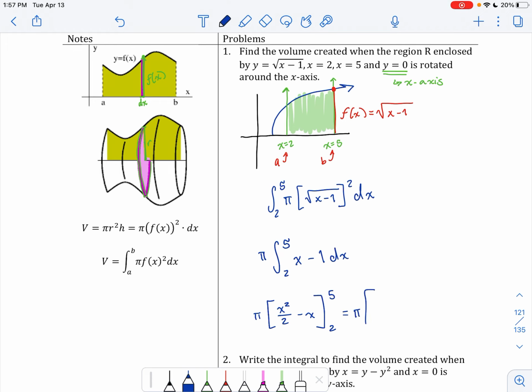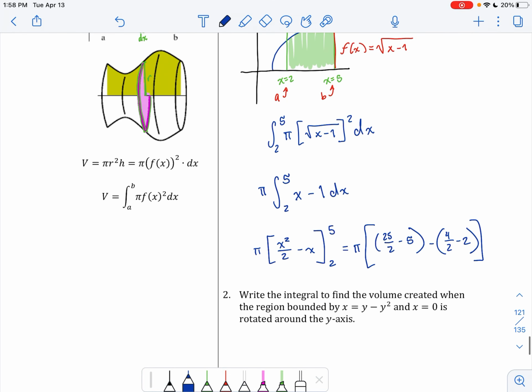So that's pi times the difference with 25, 5 squared over 2, minus 5, minus 4, 2 squared over 2, minus 2.